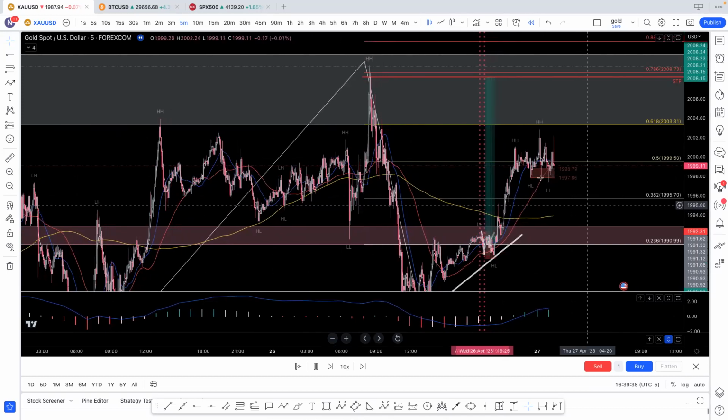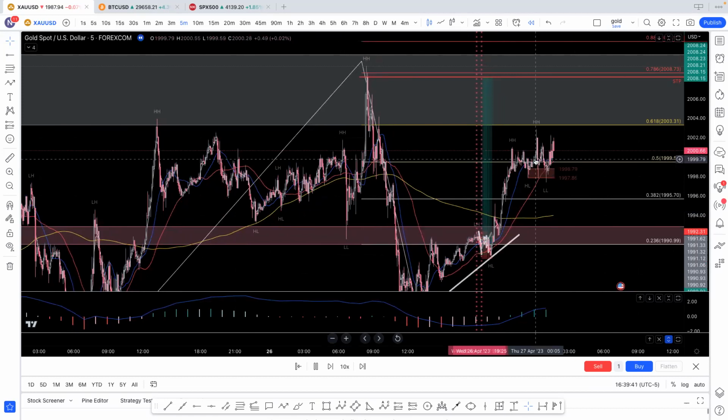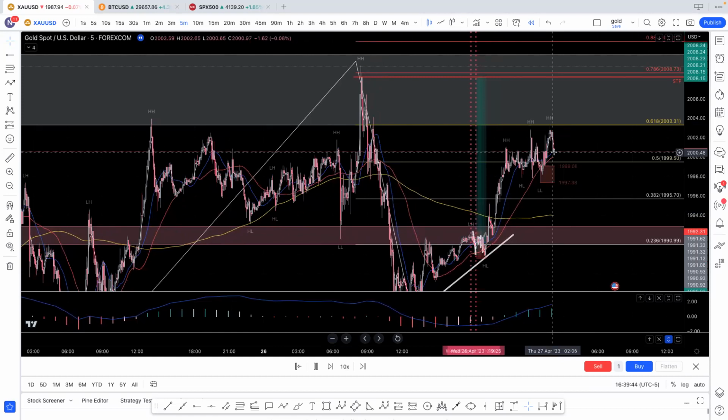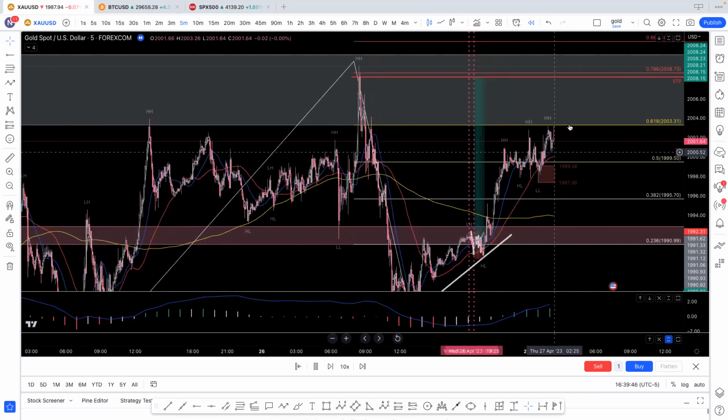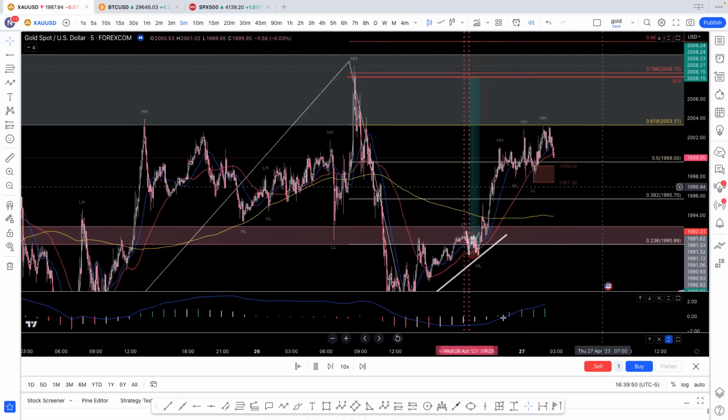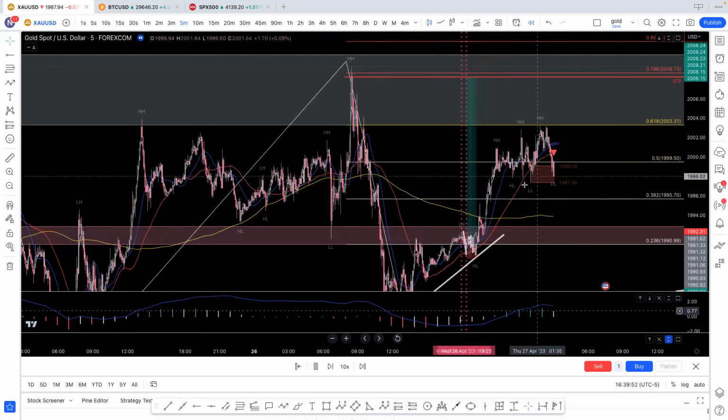So what was it about this time? Noon or midnight. Price is just continuing to hit that zone. Got a little bit of volume right here on my MACD.